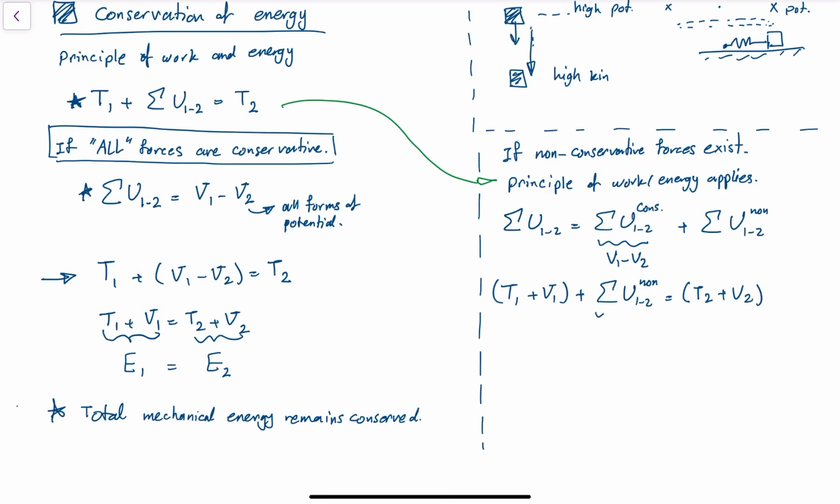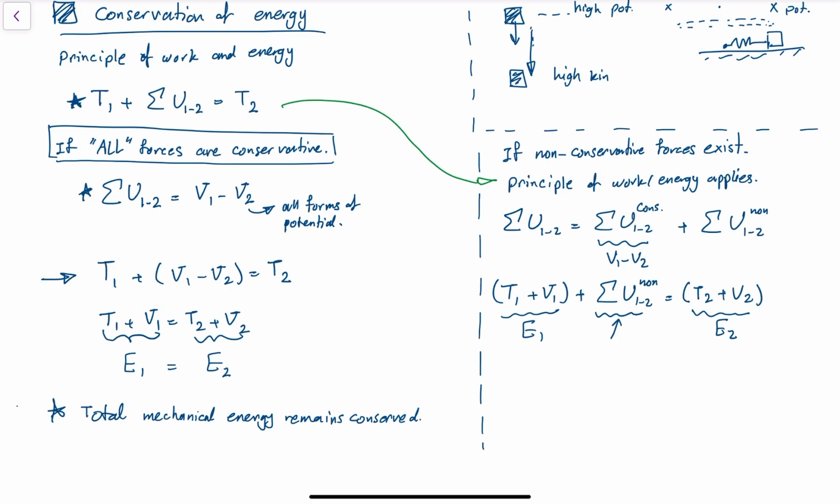In other words, if this is total mechanical energy E1 and total mechanical energy E2, these non-conservative forces either add to your initial energy, giving you a bigger final energy, or essentially eat into or dissipate your total energy, giving you a smaller final total mechanical energy.